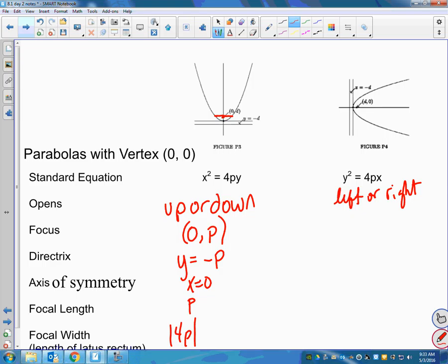Like, where's the 4 come from? Whatever p is, you multiply it by 4, and that always gives you something, but I don't know what it is. But maybe we could draw a right triangle.